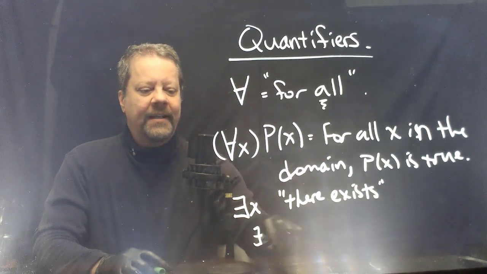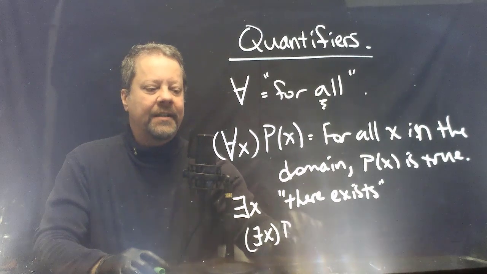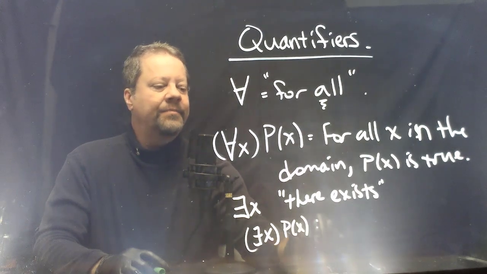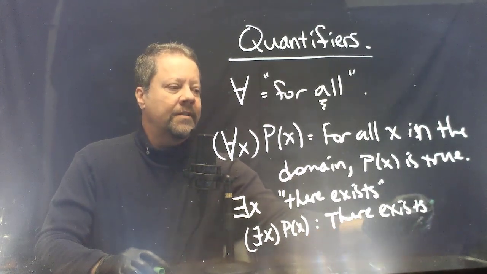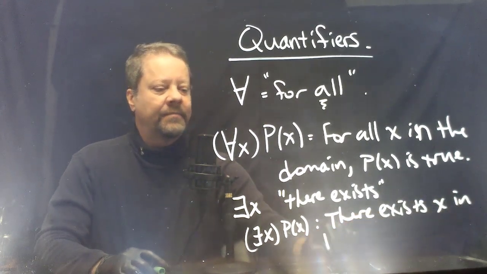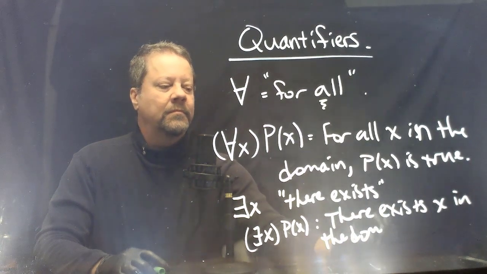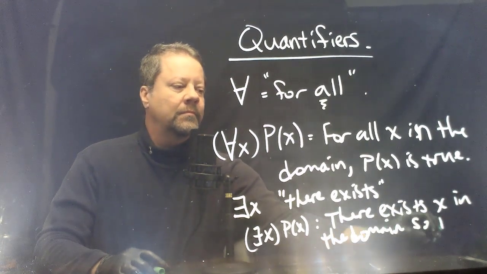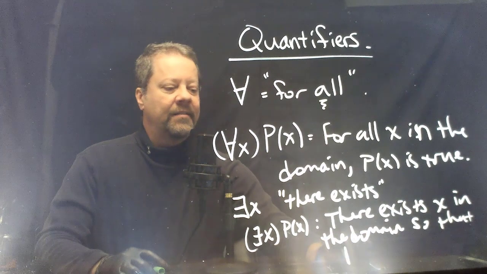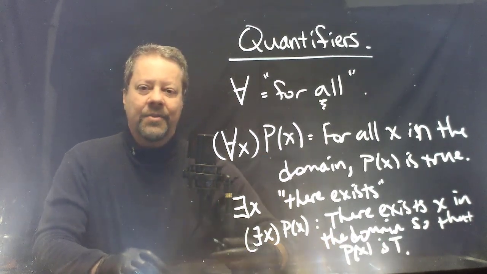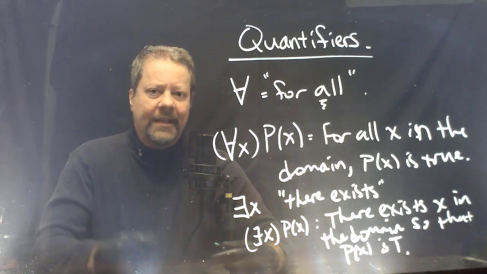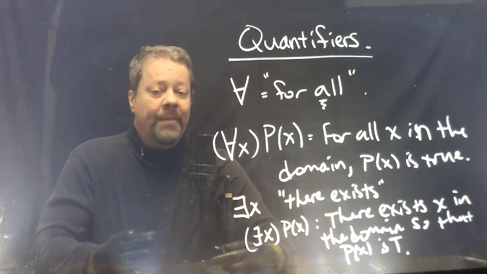And so if I say there exists x such that p of x, I'm saying there exists x in the domain so that p of x is true. I'm not saying it's true everywhere. I'm saying that there's at least one place where it is true. There could be more than one.